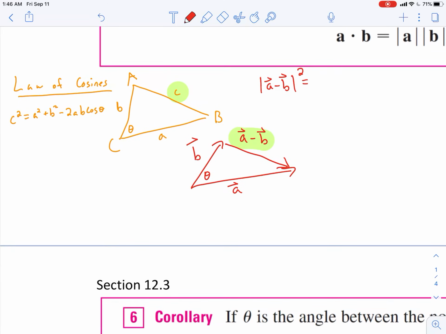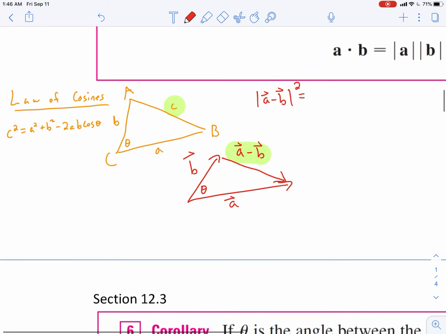That's equal to, now a is corresponding to vector a, so if I want to find the length of that side, it's just the magnitude of vector a. And we're going to square it like we are in the formula for the law of cosines. Same thing for b.